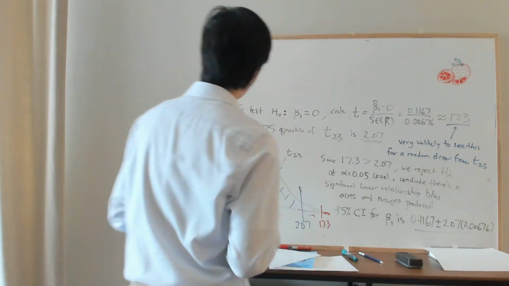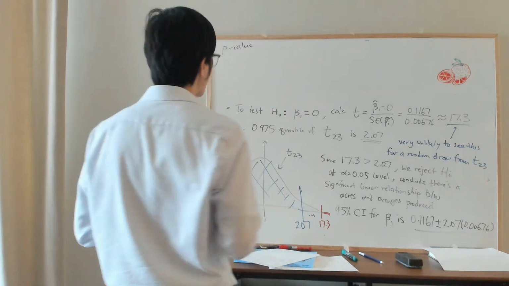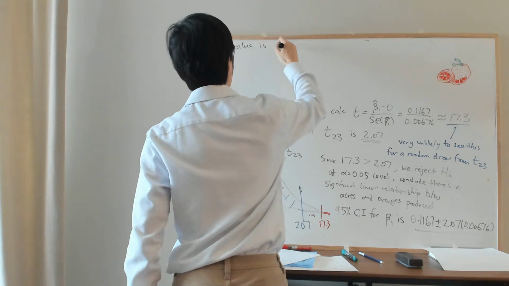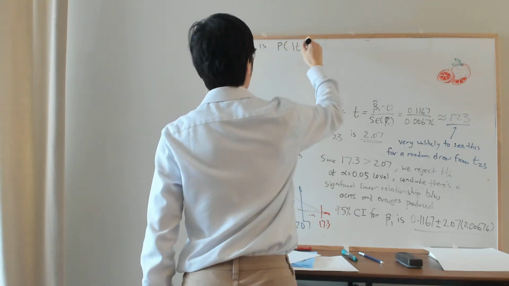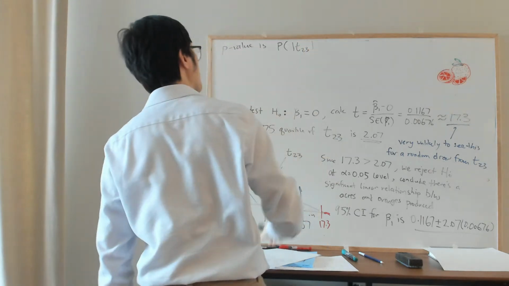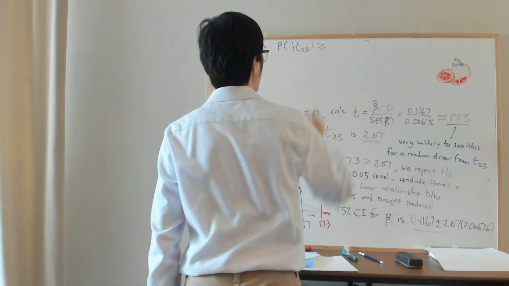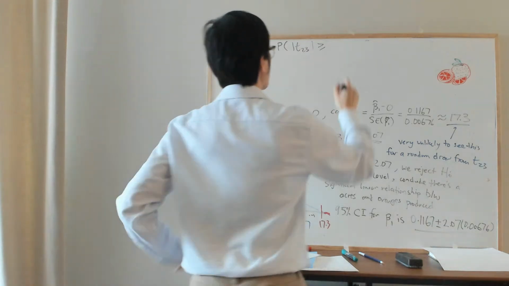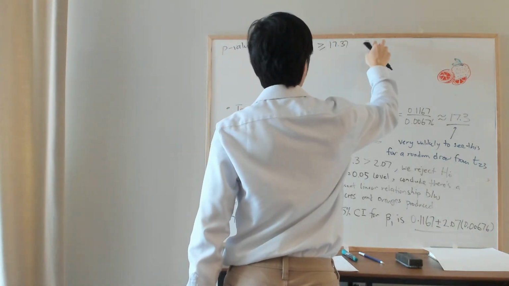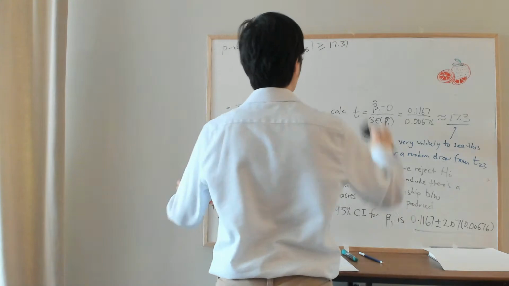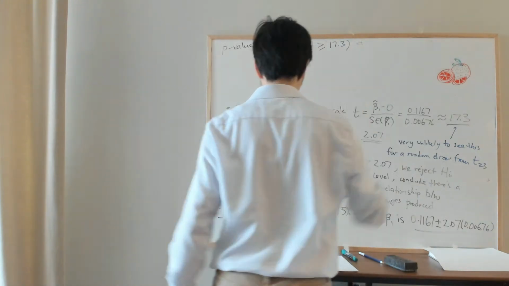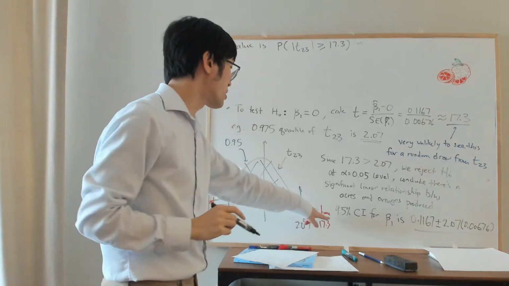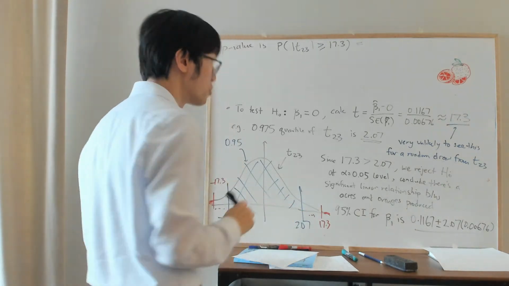Okay, so the p-value, let's finish this calculation, is the probability that the absolute value of t with 23 degrees of freedom exceeds the thing that I observed, 17.3. Because of the symmetry, I can just calculate the upper tail and multiply by 2.